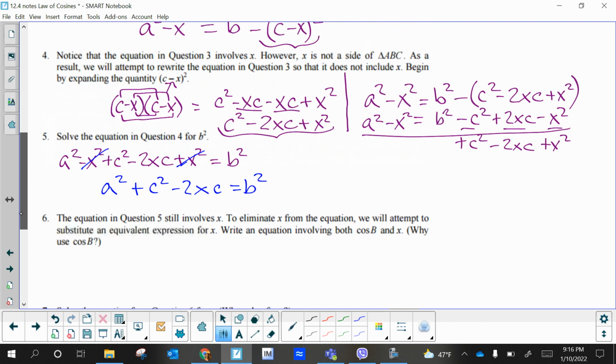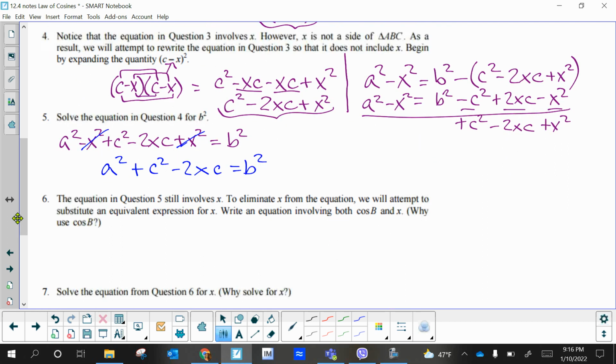All right, so I solved for b squared. Notice now in question 6, or problem step 6, the equation in question 5, that's this one here, still involves x. Yes, it does. We cannot have an x, okay, because it's not part of the big triangle. So to eliminate x from the equation, we will attempt to substitute an equivalent expression for x.